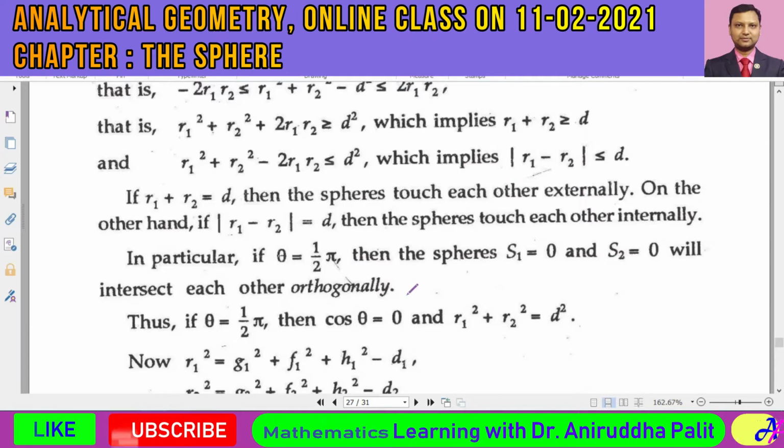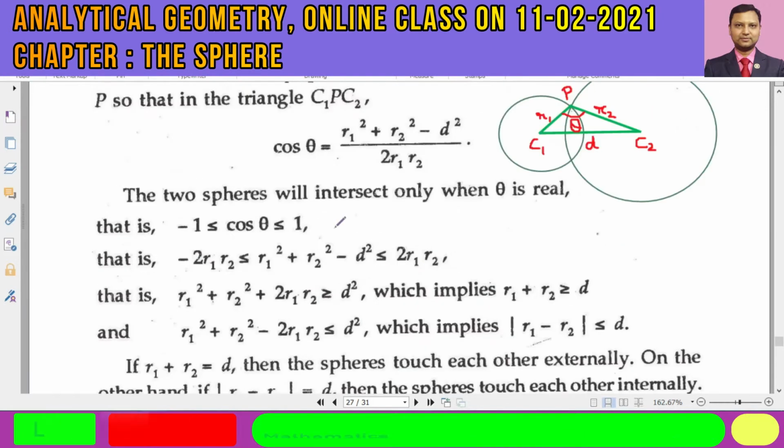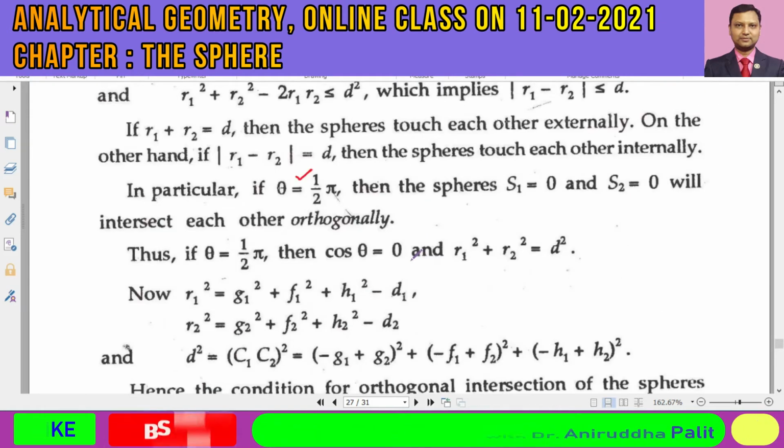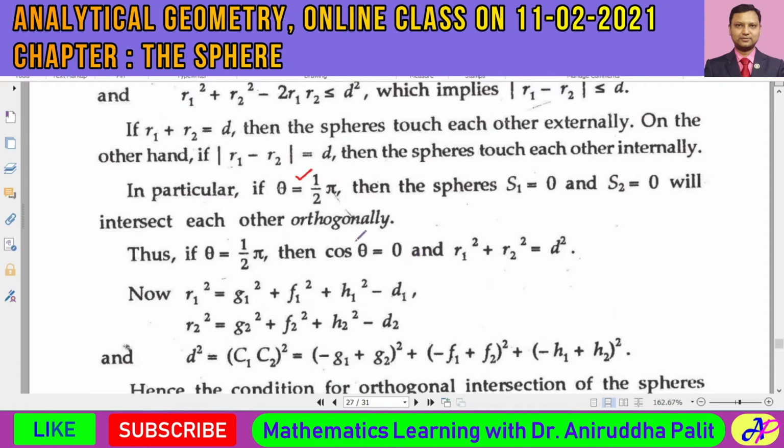Sometimes these two spheres cut each other orthogonally. In that case, theta would be equal to pi by 2. And in this formula, if we put theta equal to pi by 2, then we get cos theta equal to 0.